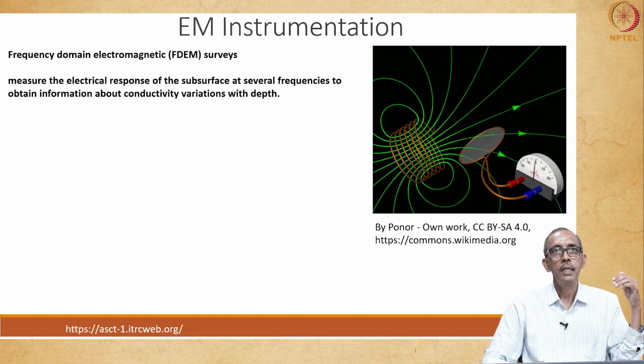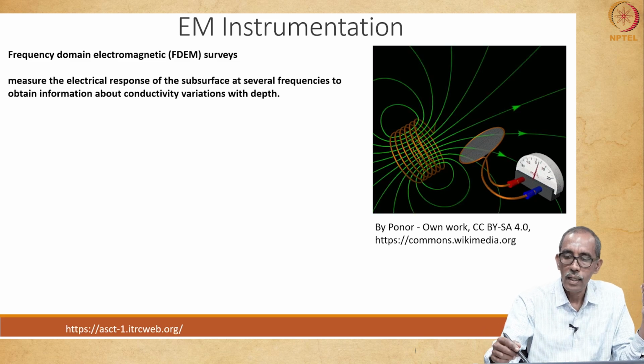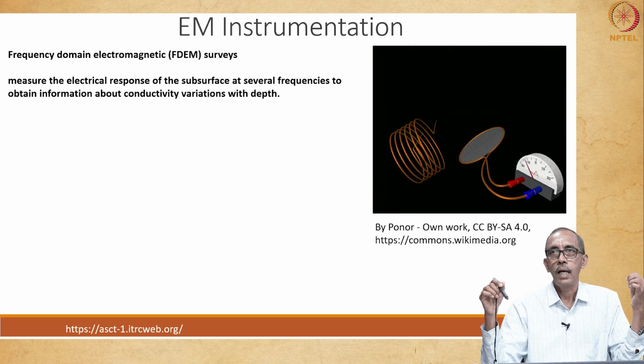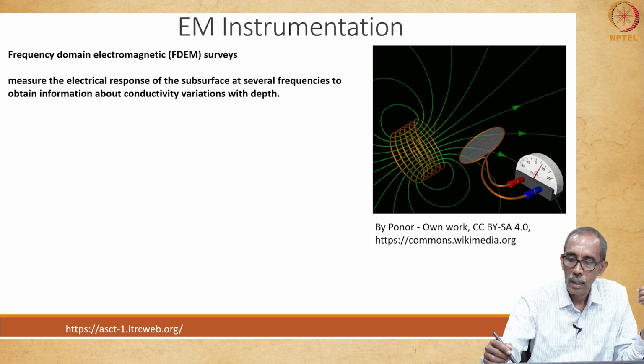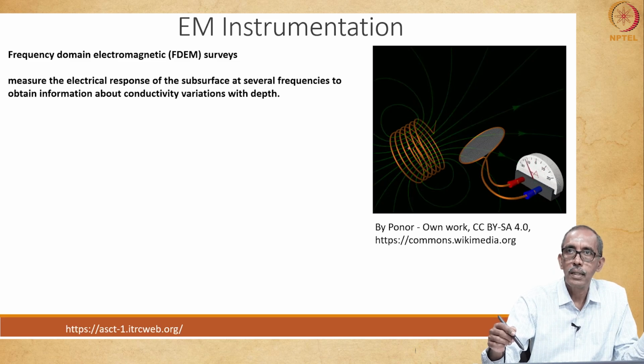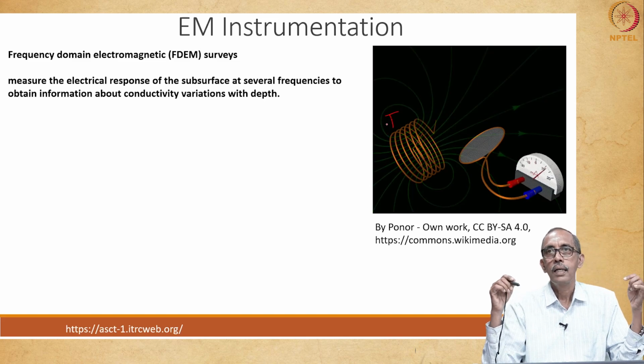This can be done in two ways, right. What happens beneath the surface is clearly understood from this animation, where there is a coil, right. That is what we kept at the surface, which is the transmitter coil, right.